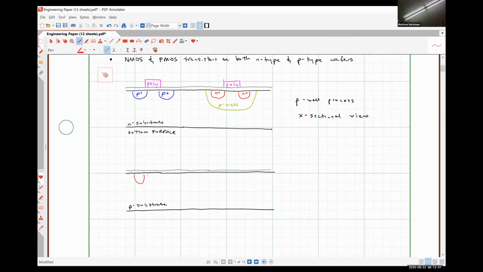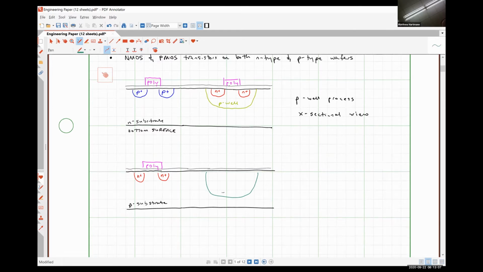In a P substrate, we can fabricate an NPN transistor directly, and we will need to use a well to fabricate a PNP transistor.